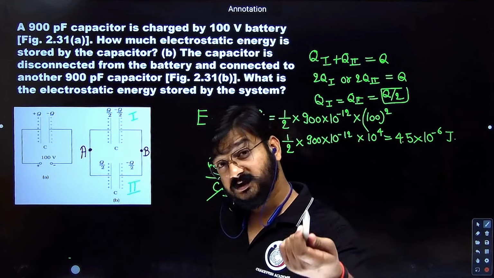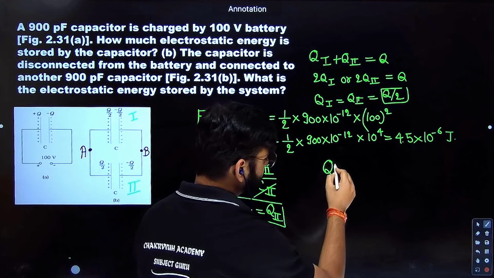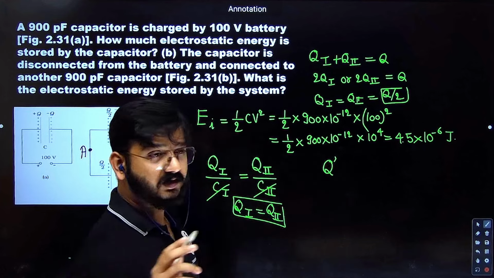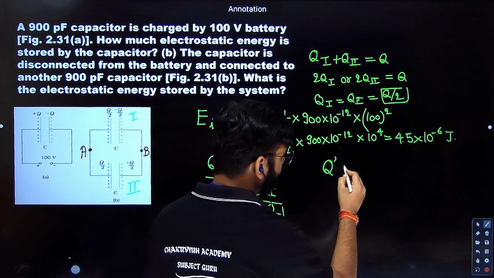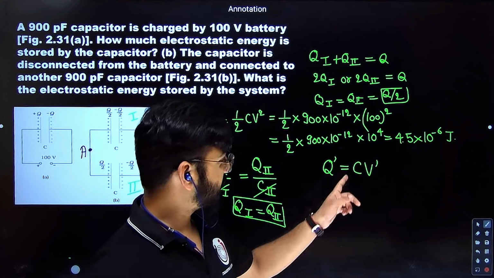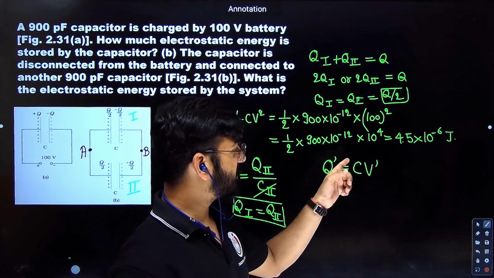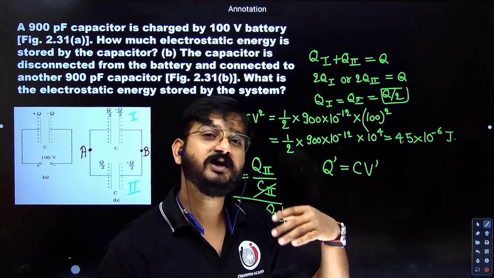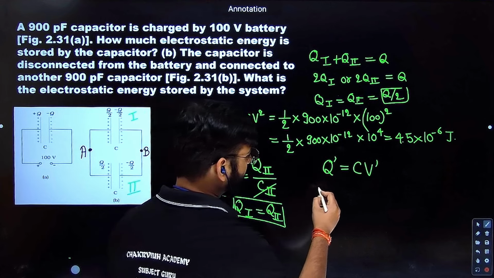Now what will be the new potential? Since Q is equal to CV, correct? So what I'm telling is that new charge will be equal to capacitor into new potential. C is the capacitor, right? Capacitor is not changing. So new charge is equal to capacitor into new potential. And what is that new potential? Common potential, correct? So Q dash is how much?